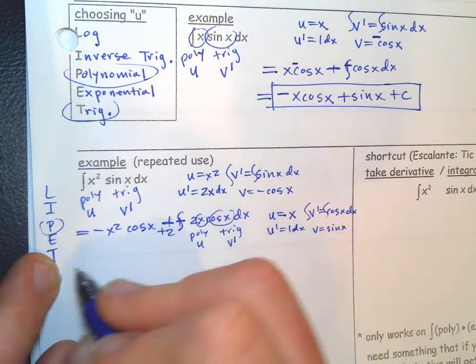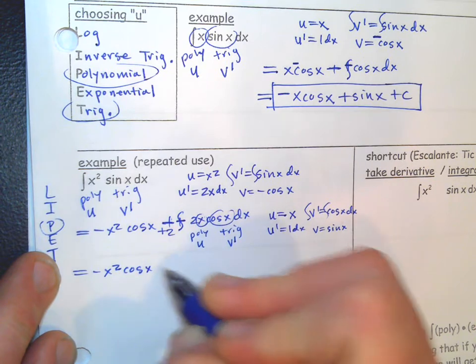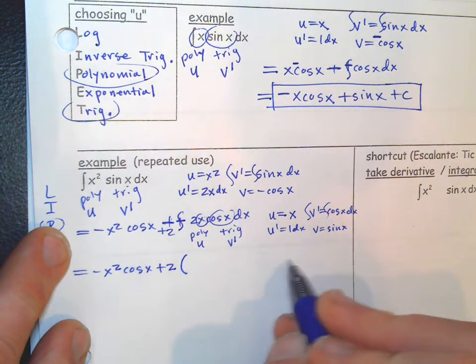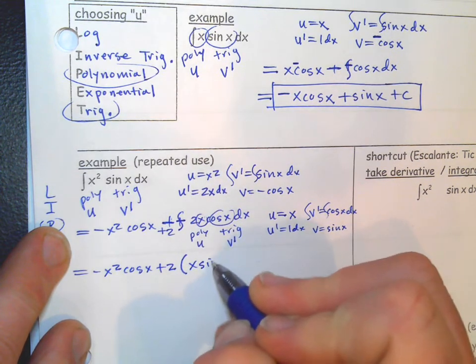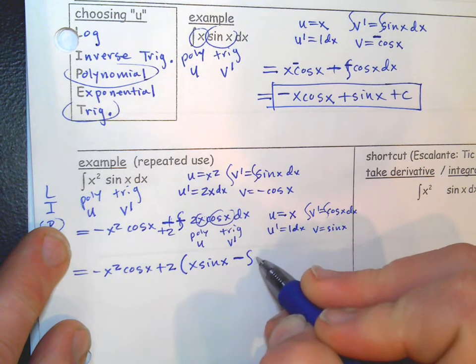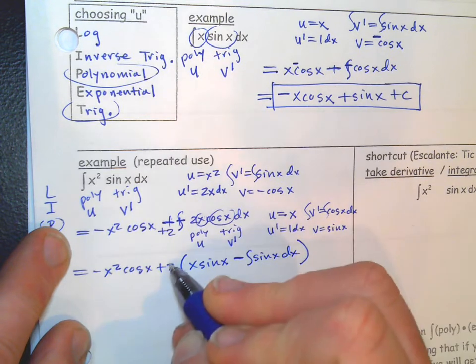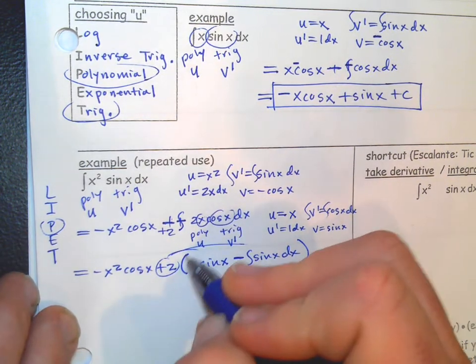And so the first part's still there, negative x squared cosine x, plus 2 parentheses, because we're going to put a whole new integration by parts, uv, x sine x, minus the integral of the two new things, sine x dx. But this 2 and everything right here has to be distributed to all this stuff. So better put parentheses around all this.